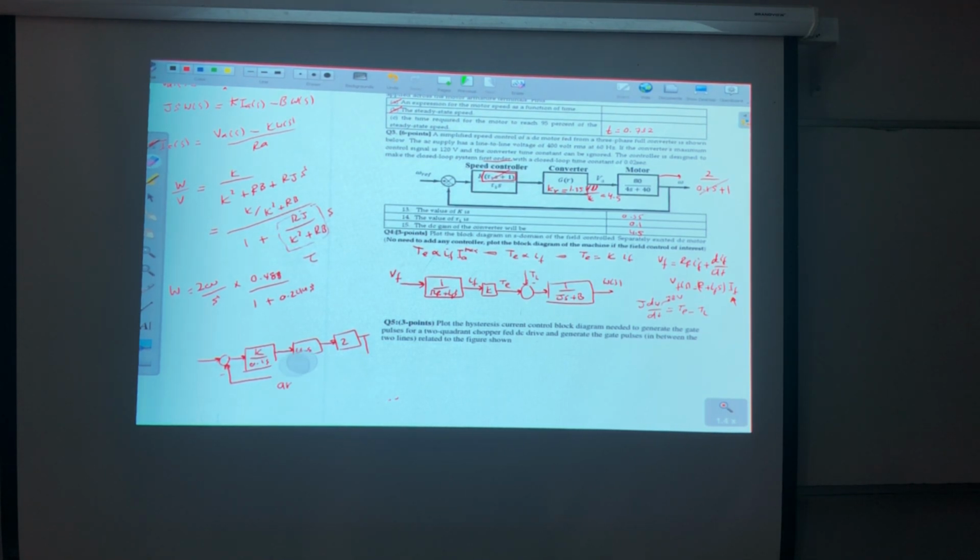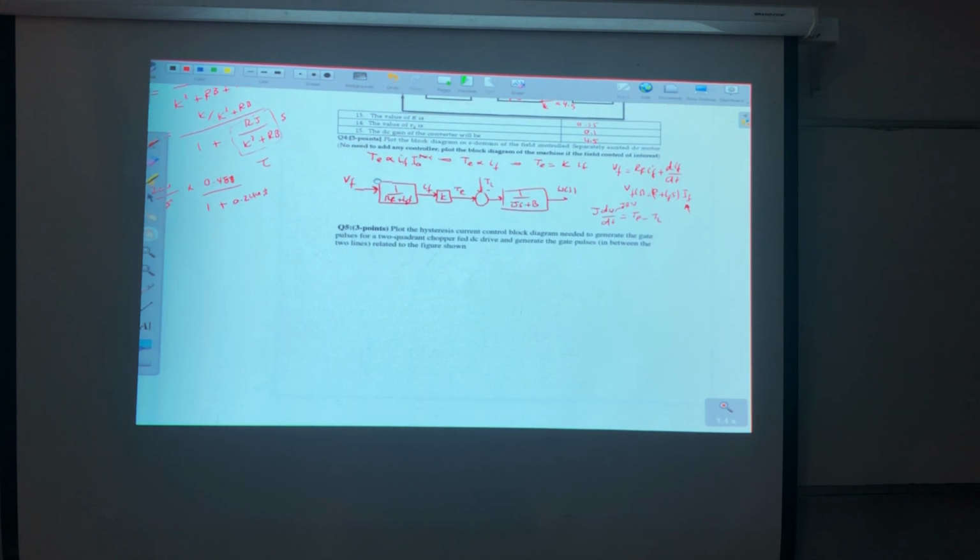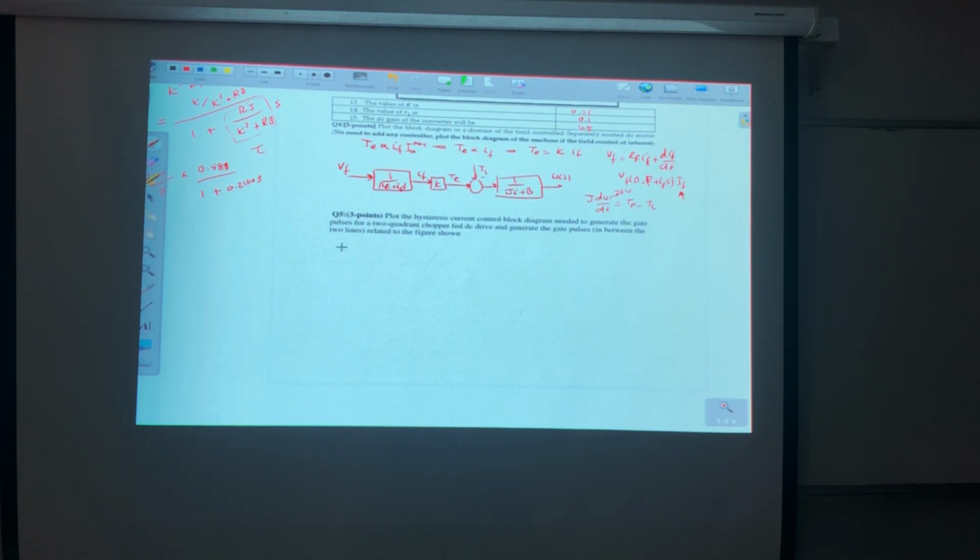At first, let's plot the circuit. Plotting the circuit, this means that the first switch, the second switch, each switch has an anti-parallel diode with it.